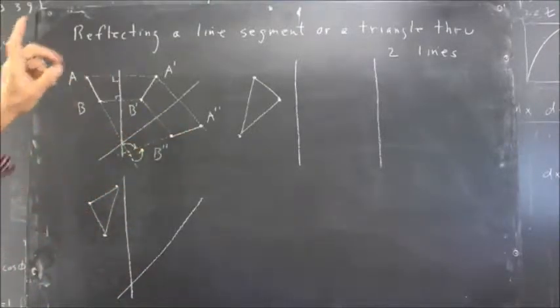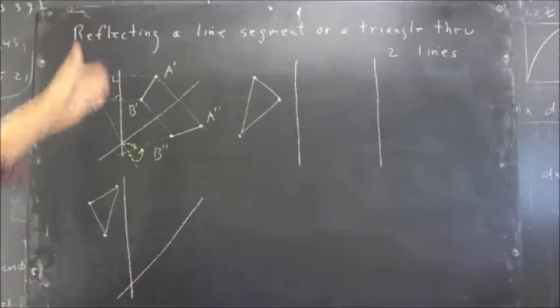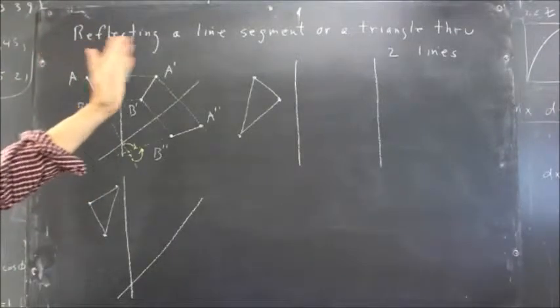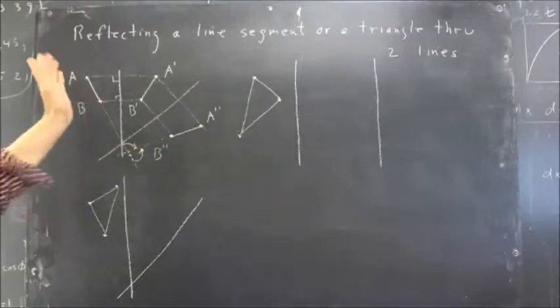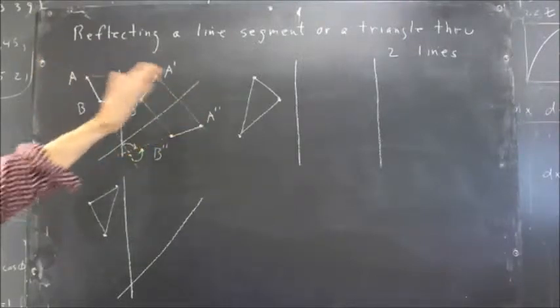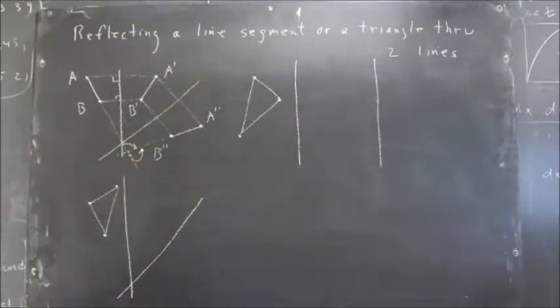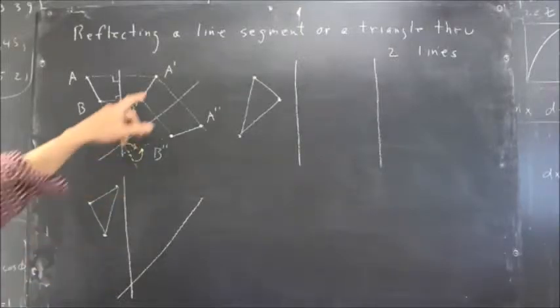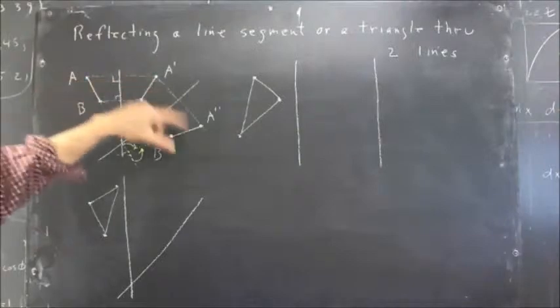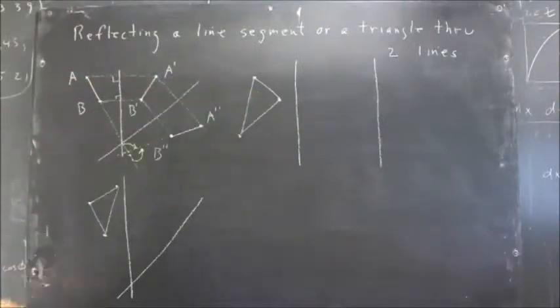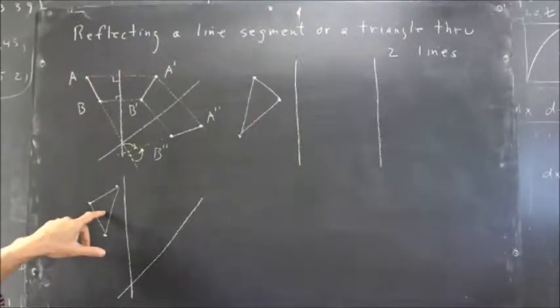So when you reflect through a line, you do have a rotation. When you reflect through another line, you get another rotation. You get a net rotation when you reflect through two lines. And this intermediate rotation, I don't want to talk any more about that. You get a rotation. We'll see how that works out down here with a triangle.